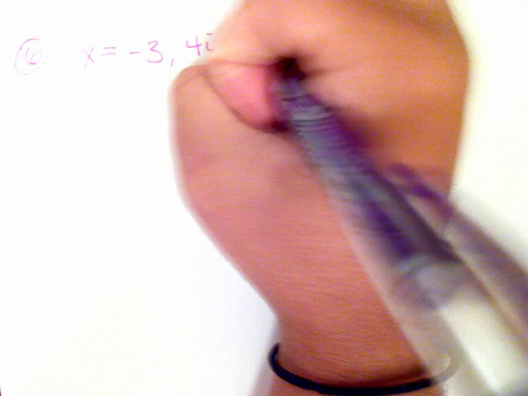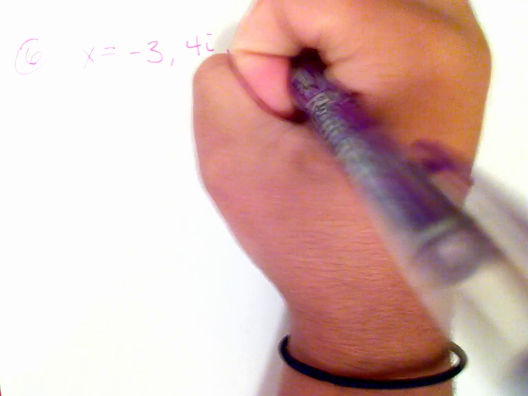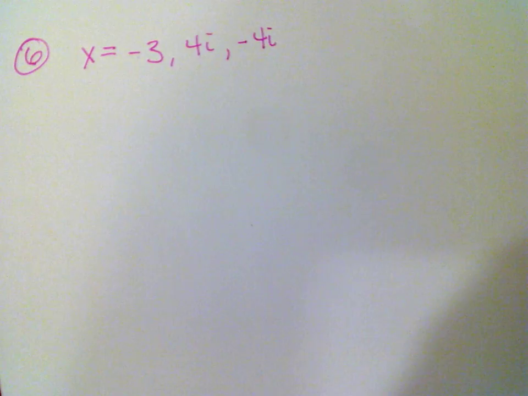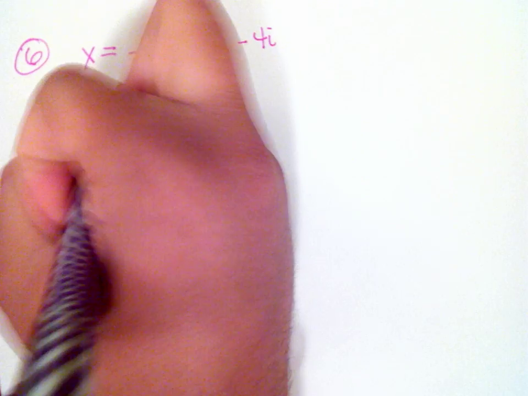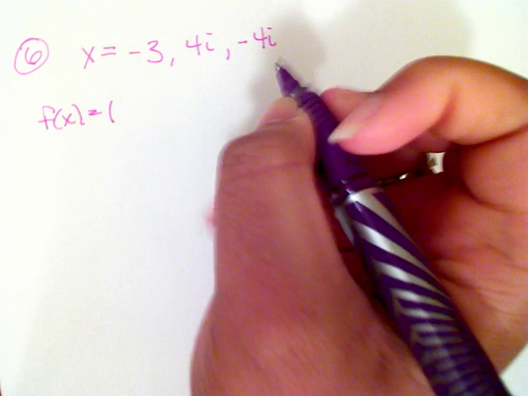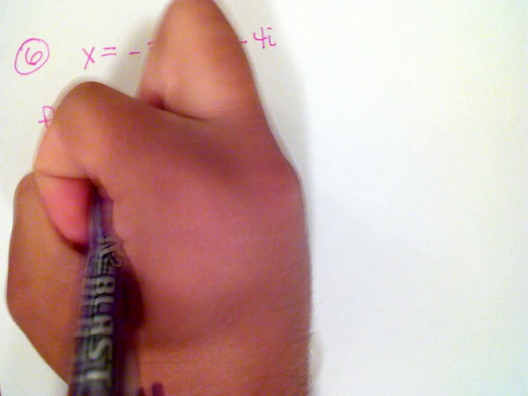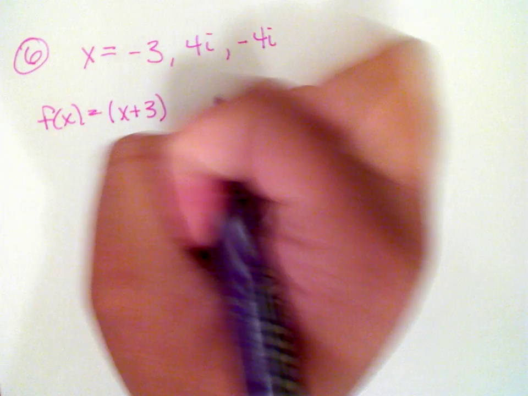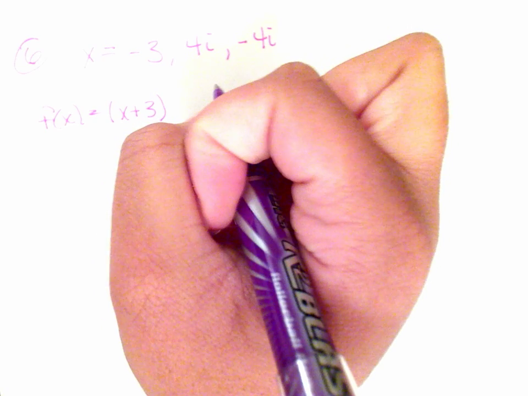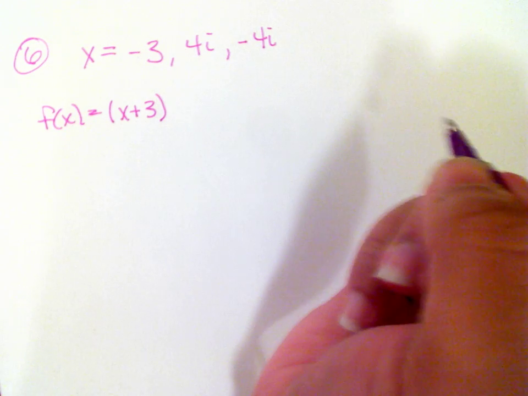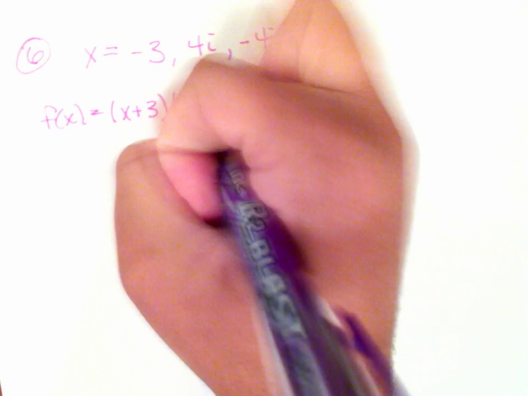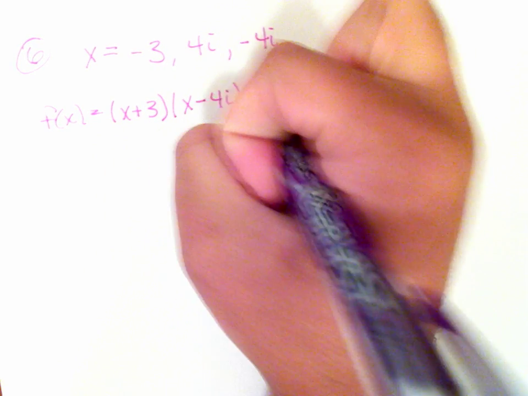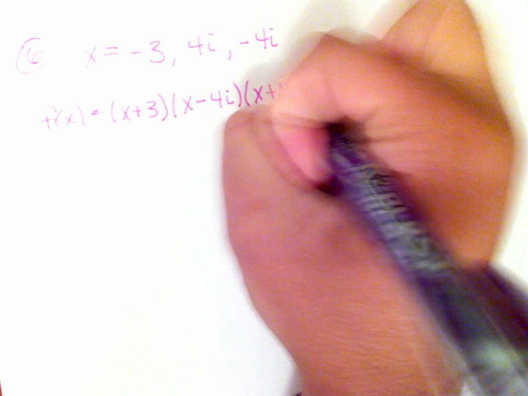We have positive 4i, so we know from that theorem that negative 4i is also a root. When we write our function in factored form, we should have 3 factors: x plus 3, because x minus a negative makes a positive, times the quantity x minus 4i times the quantity x plus 4i.